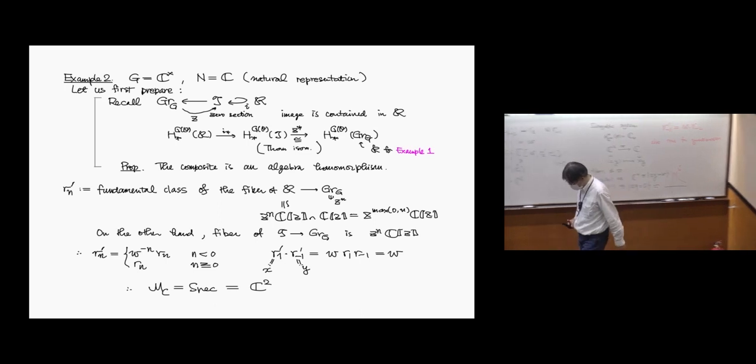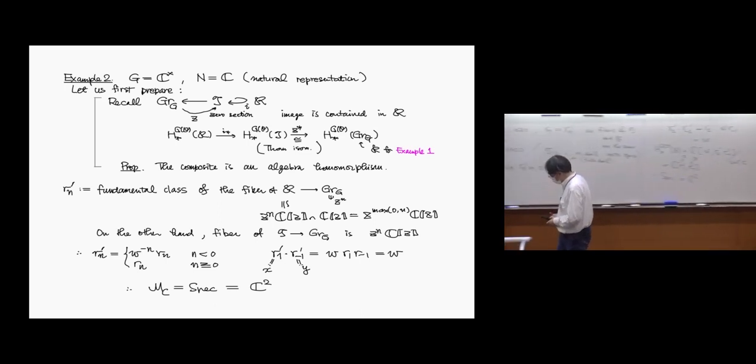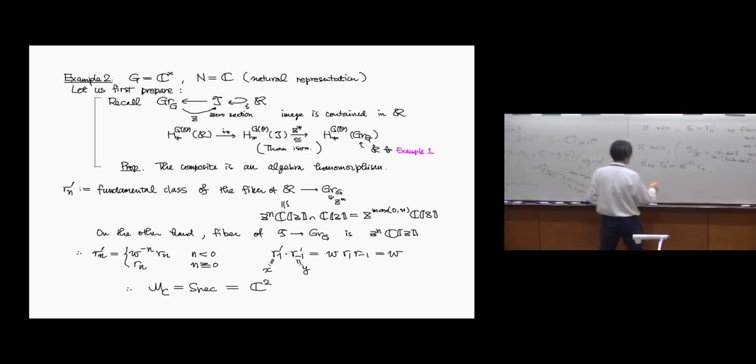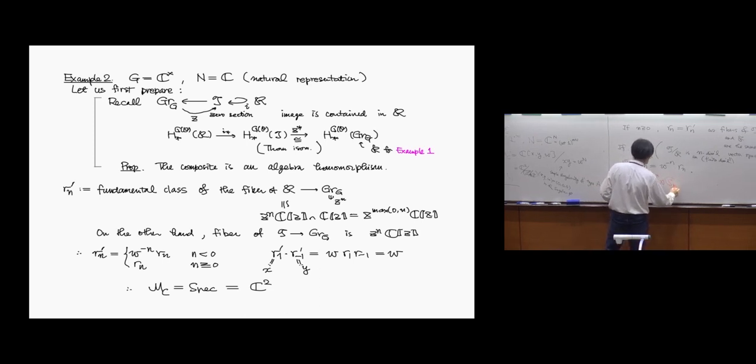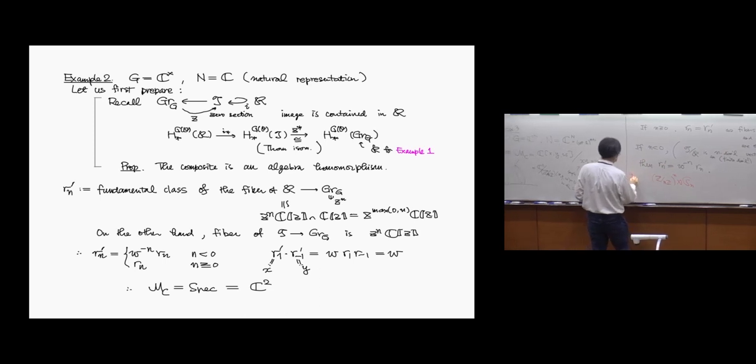Cyclotomic DAHA is a deformation of the group ring of G to the power n.